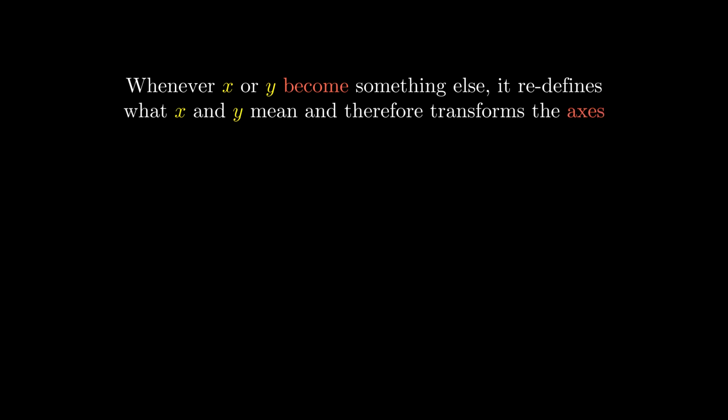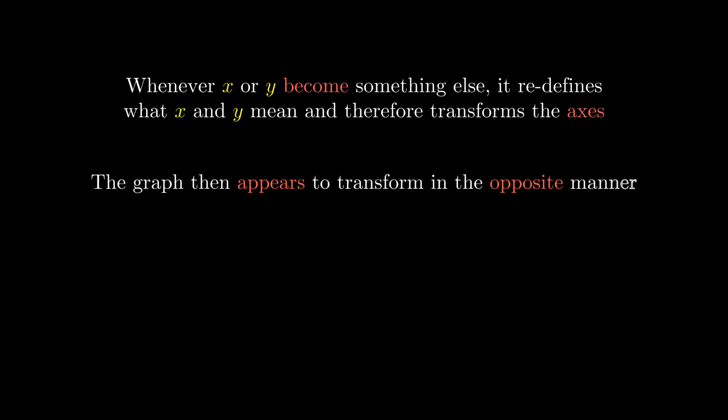Alright, so here's a summary you can write down if you're into that sort of thing. Whenever x or y becomes something else, without changing the rest of the form of the equation, it redefines what x and y mean, and therefore transforms the axes. So either the x or the y-axis, depending on which one or whether both have changed. The graph then appears to transform in the opposite manner.